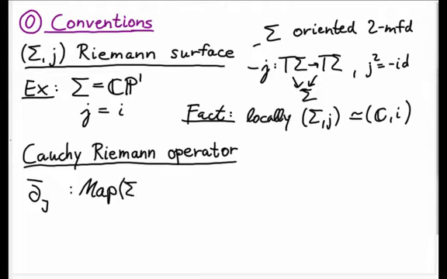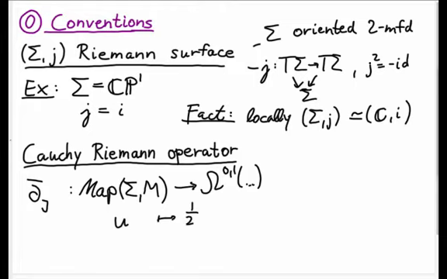So the Cauchy-Riemann operator looks at maps from a Riemann surface to a symplectic manifold and makes something out of it, 0,1 forms on something. These will be things I might not really want to go into. What it is, is the antilinear part of the differential.